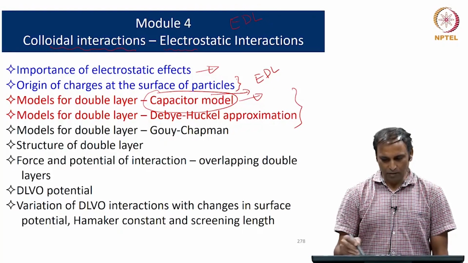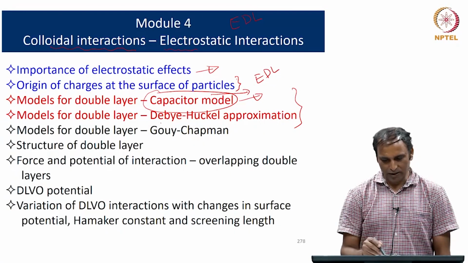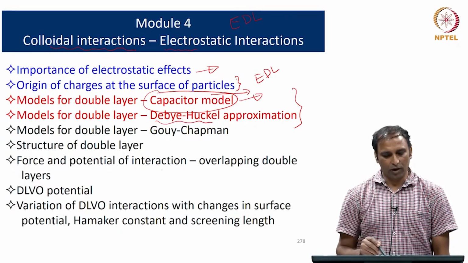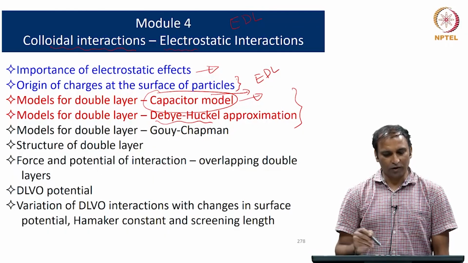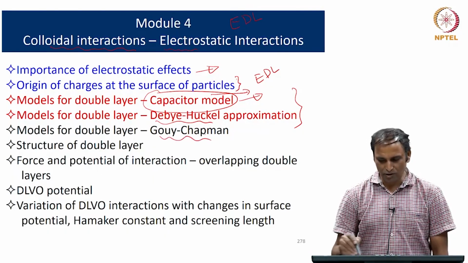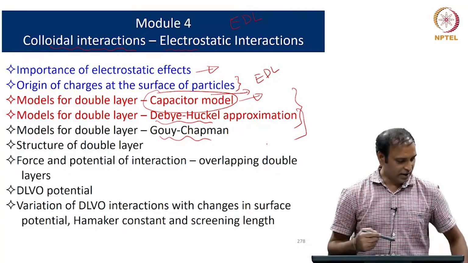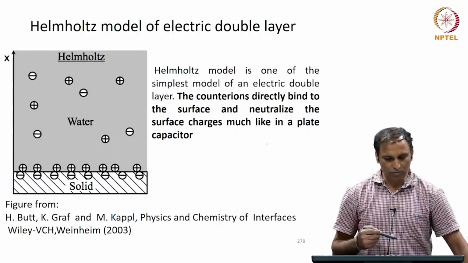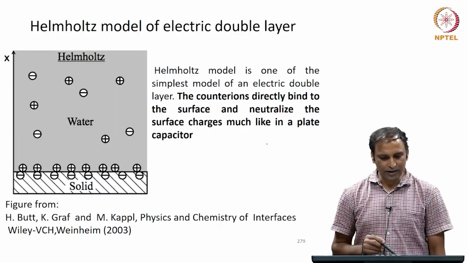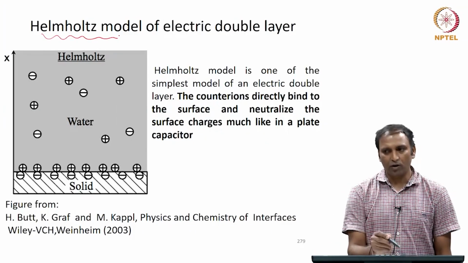And then the more recent ones are the Debye-Huckel model for electrical double layers, or the Gouy-Chapman model for electrical double layers. So, these are more recent developments. We will look at each of them and discuss a little bit about what these models say.